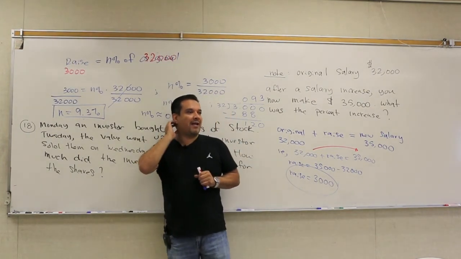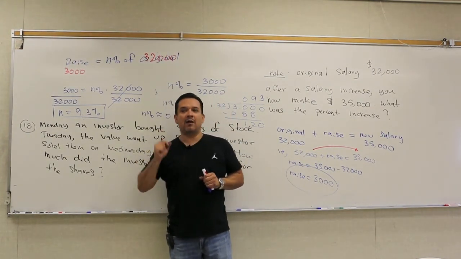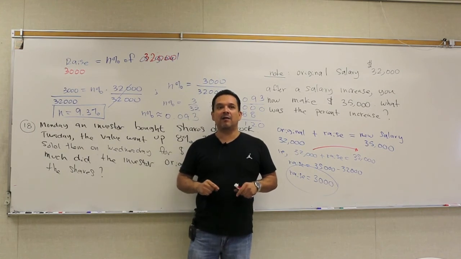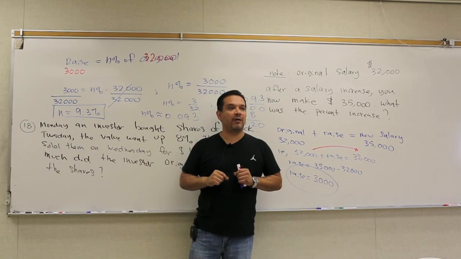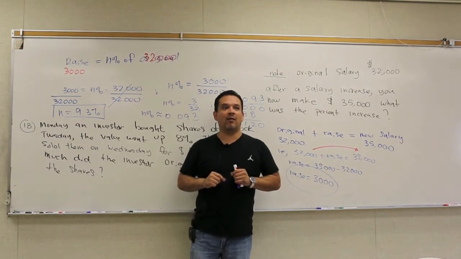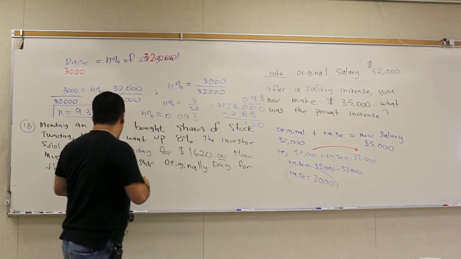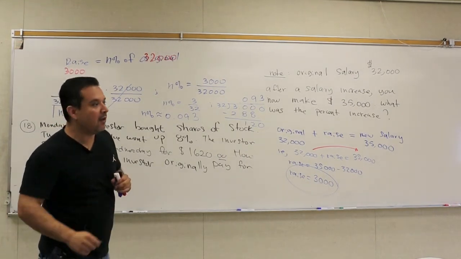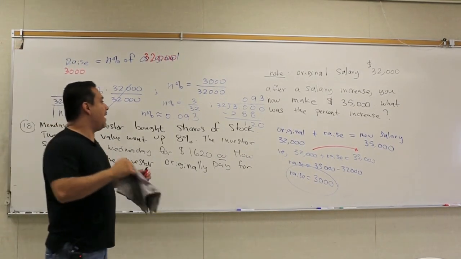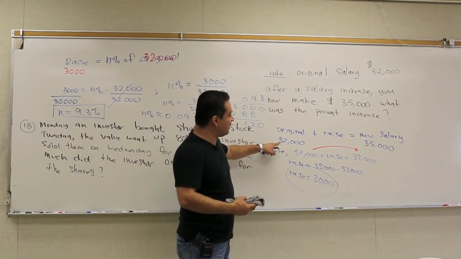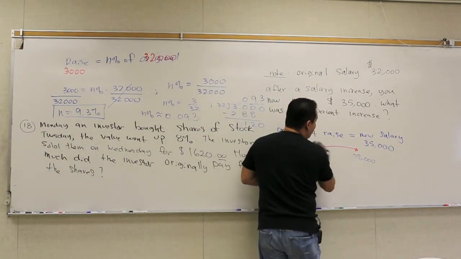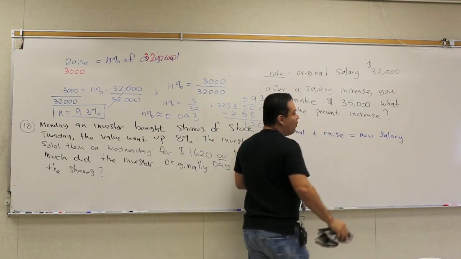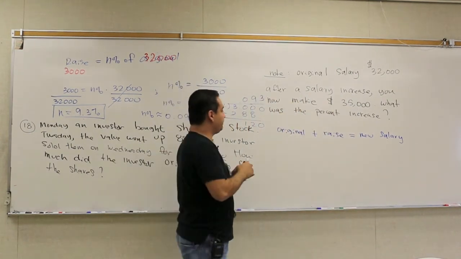You said, wait a minute, what if they ask for the percent? If they do that, they had to give you the old salary and the what? And the new salary. Okay? And this is what I'm saying back in math, whatever class that was, Math 110. Back in Math 110, they probably gave you a formula. You guys remember this formula?